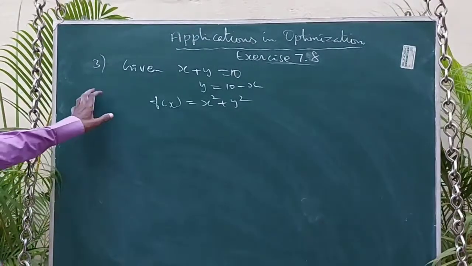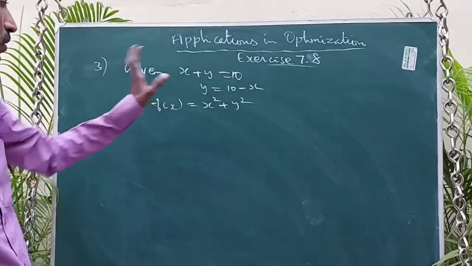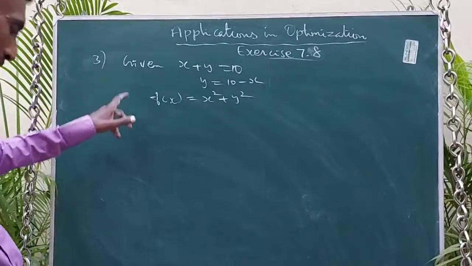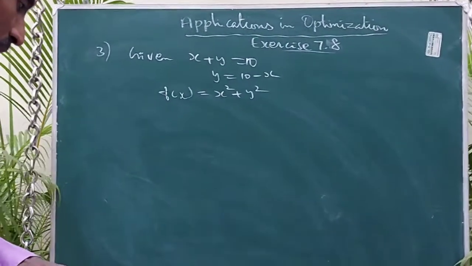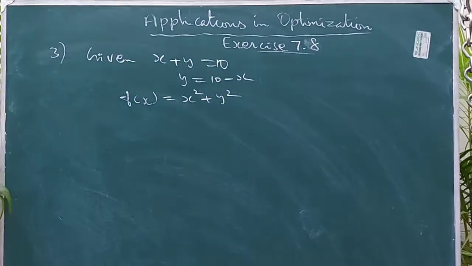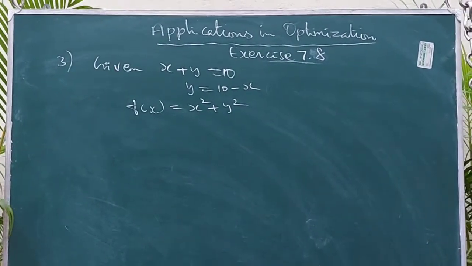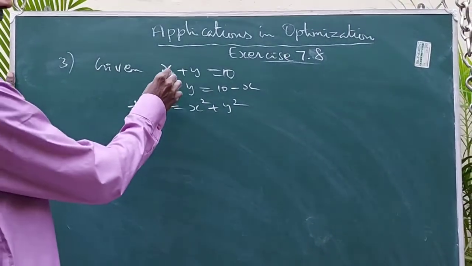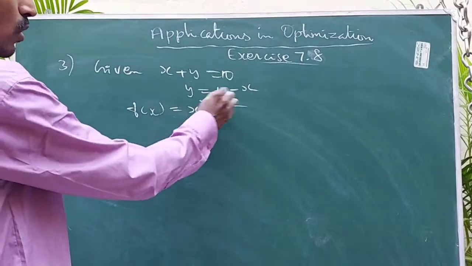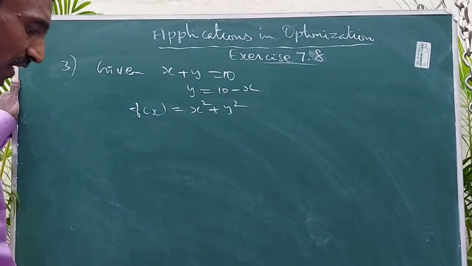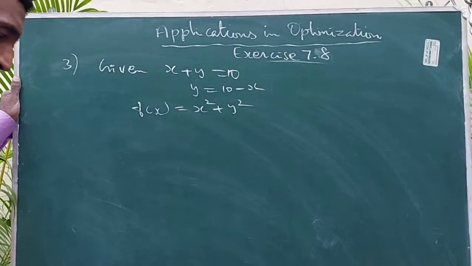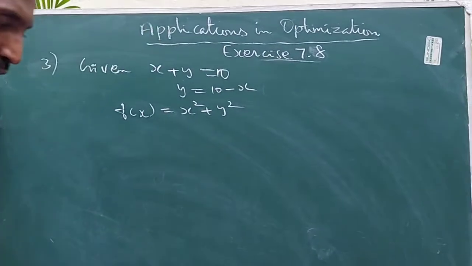The question number 3 is exercise 7.8. Question number 3. Find the smallest possible value of x square plus y square given that x plus y equal to 10. So use the given condition, x plus y equal to 10, that means y equal to 10 minus x. So we have to minimize the value x square plus y square.